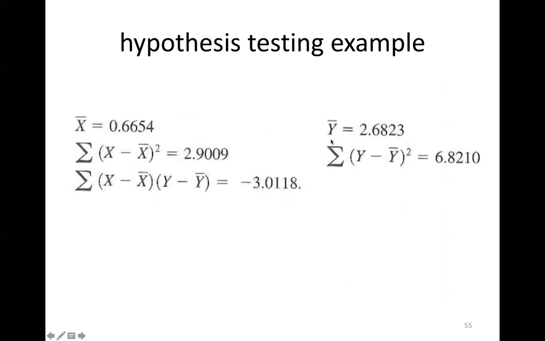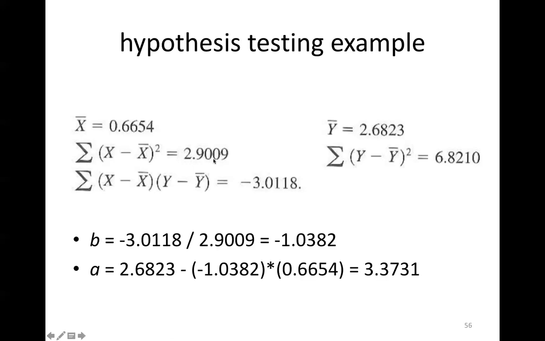Good. And based on this, we can calculate the slope and the intercept. And we can also calculate the residual mean squares, right? So how do we calculate the slope? That was the sum of products divided by the sum of squares of x. And here we go.